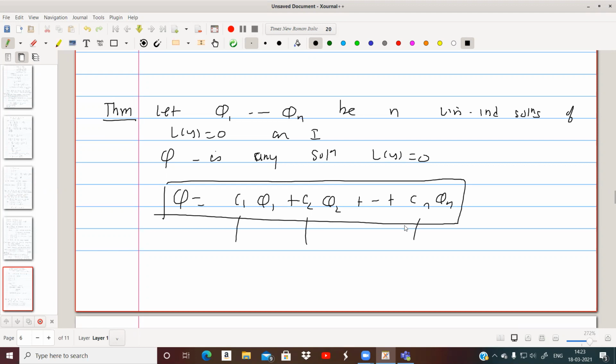Vice versa, any set of n linearly independent solutions will form a basis for the solutions. Every solution of L of y is a linear combination of these. Whatever n-dimensional solution vector space you consider, phi1, phi2, phi n will be the basis for the solution space of L of y equal to 0.